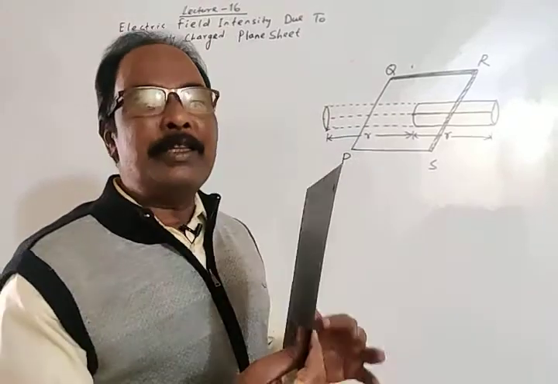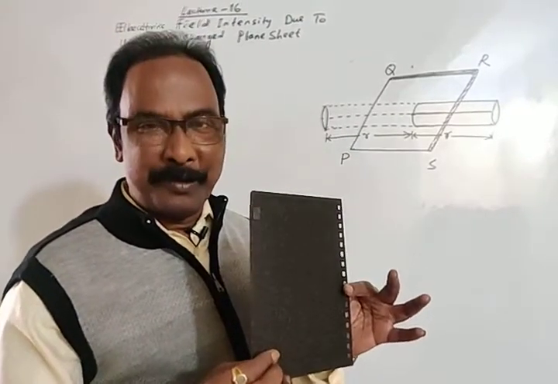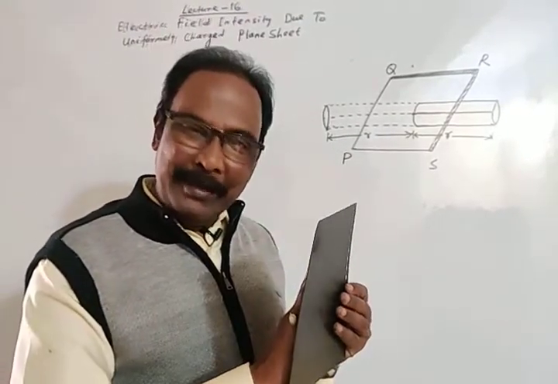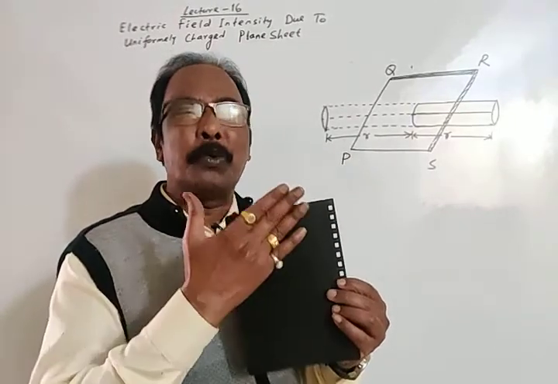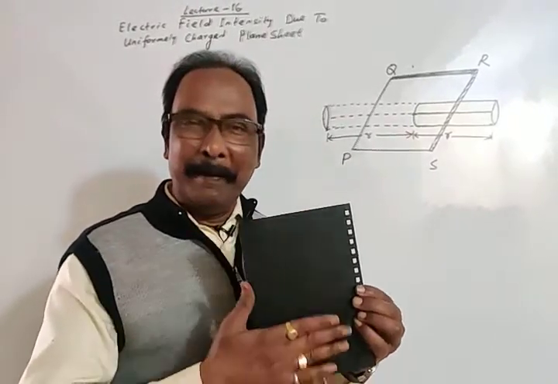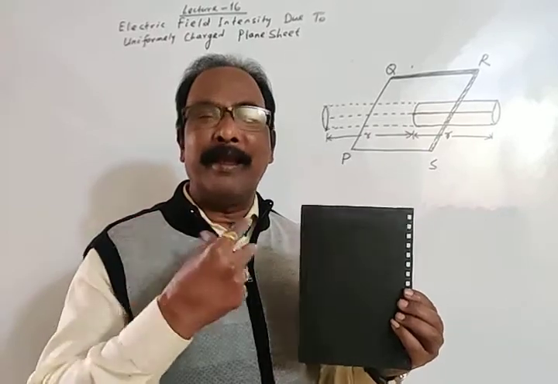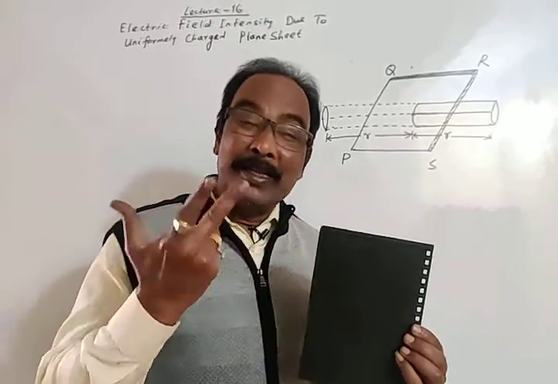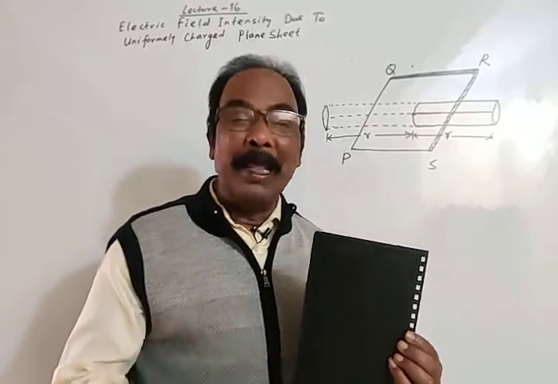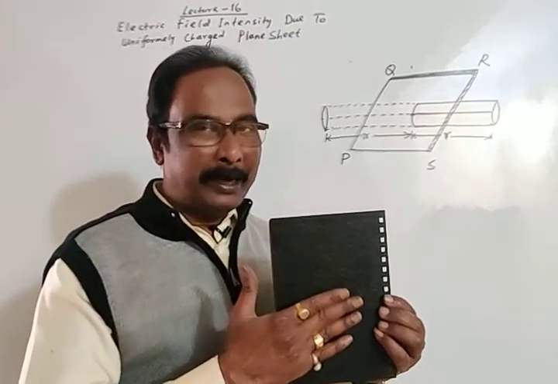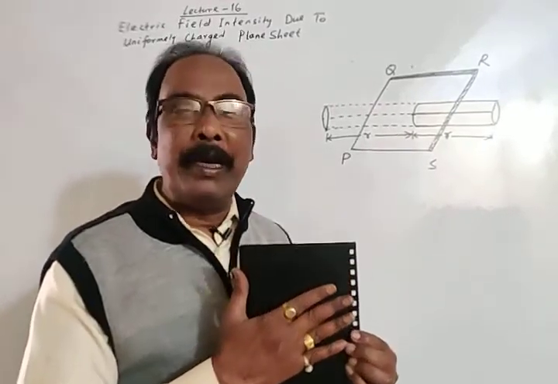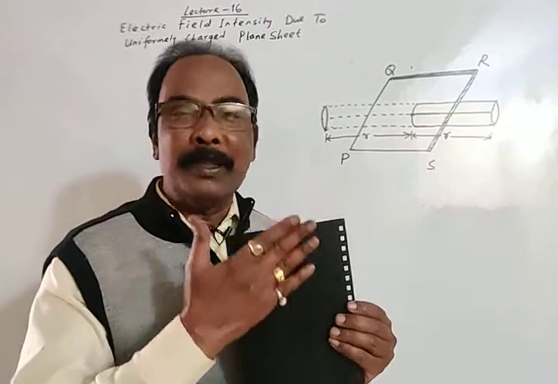The sheet is uniformly charged. Since the sheet has only surface area, charge can't be injected inside it. If charge is given to this sheet, the charge will be distributed on the surface of the sheet.